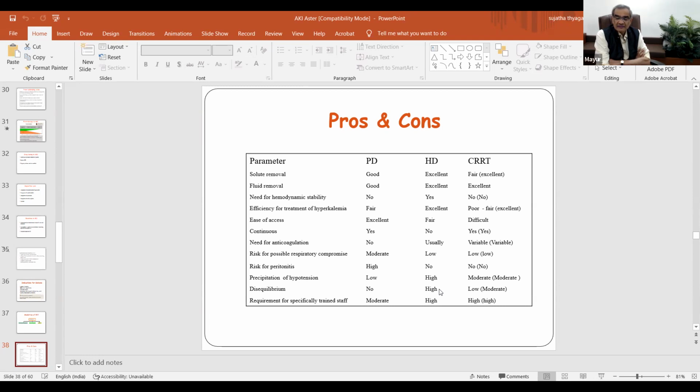The child may have headache, vomiting, altered sensorium, even seizures. So you don't want to rapidly reduce very high levels of urea in fear of disequilibrium. And of course, trained staff is required more in HD and CRRT compared to peritoneal dialysis.